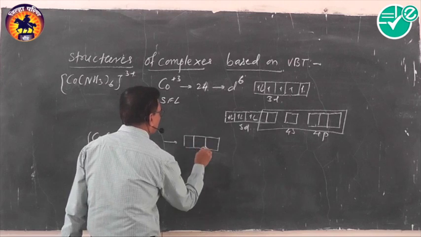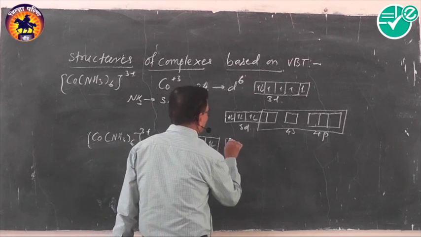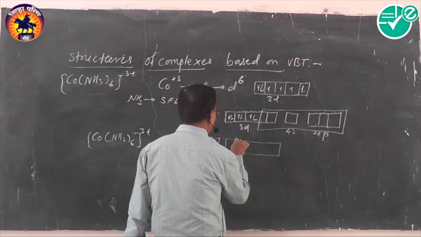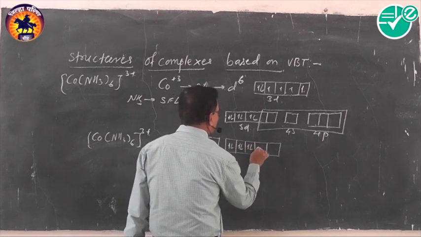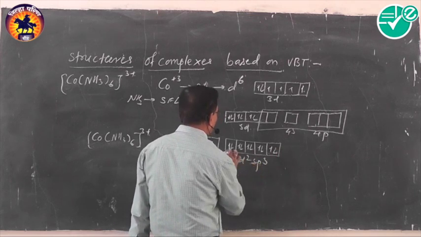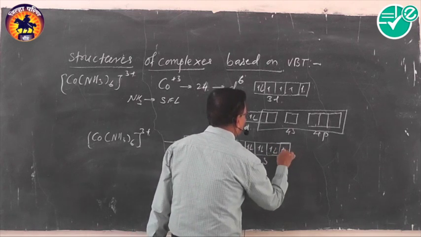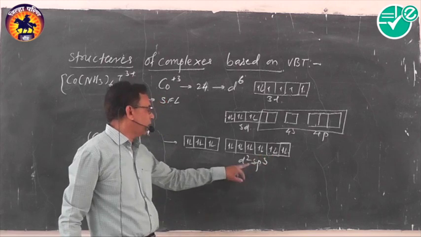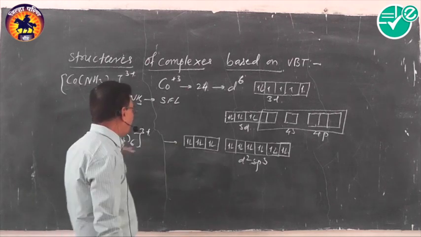3d. It is d2sp3. These 6 orbitals are there which are filled by donation of electrons from this ammonia and form such a type of complex.